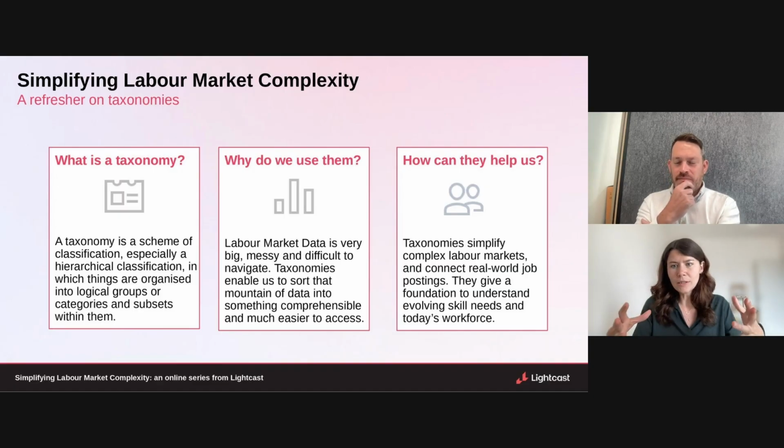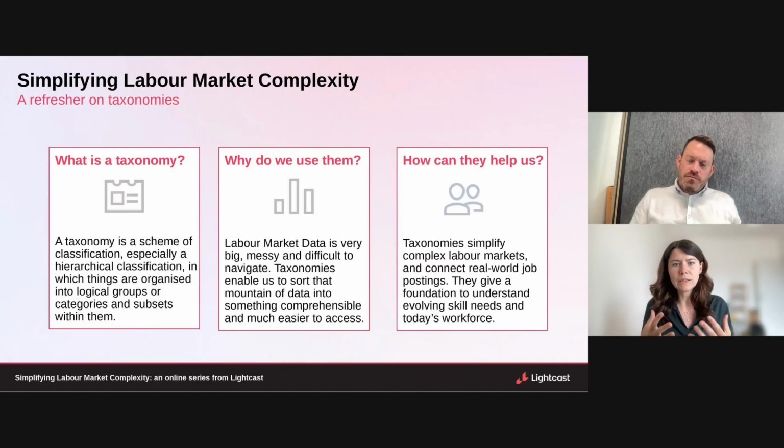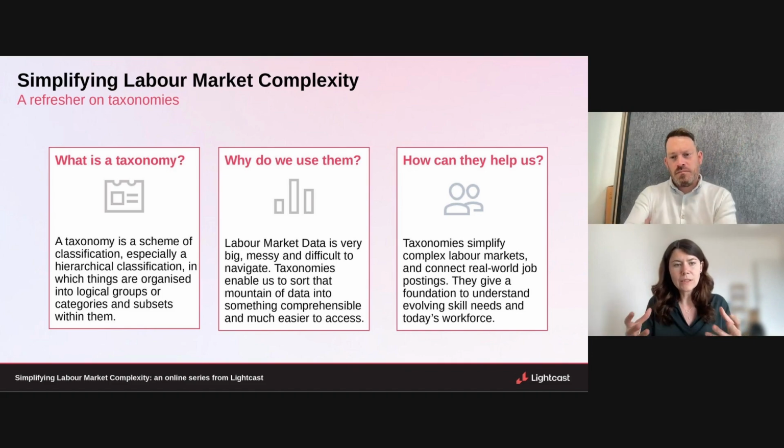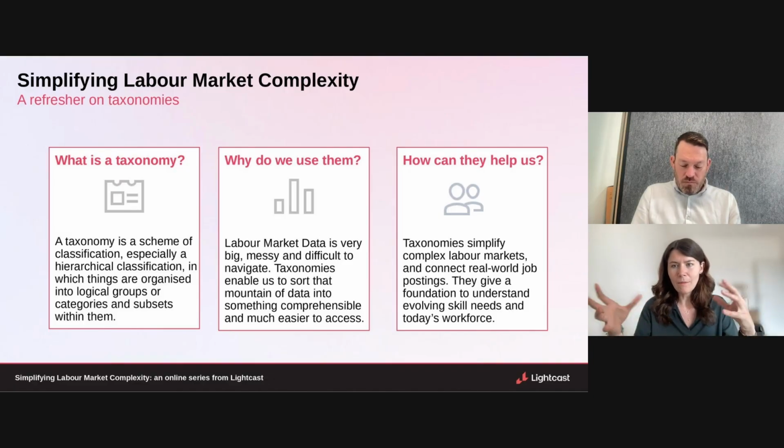The importance of using both official and proprietary taxonomies is that all these taxonomies try to make sense of a big, messy, difficult labor market to navigate, where there is a lot of data that doesn't often speak the same language. We have different data sets that track different things or talk about different parts of the labor market.